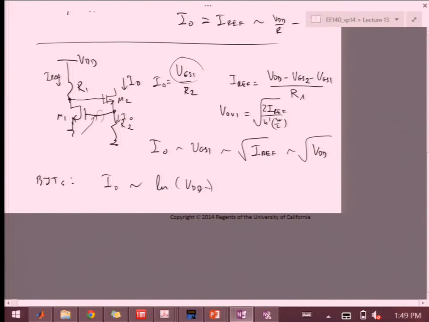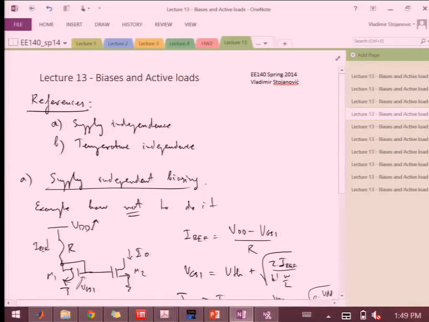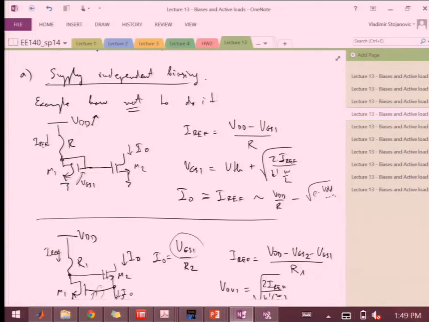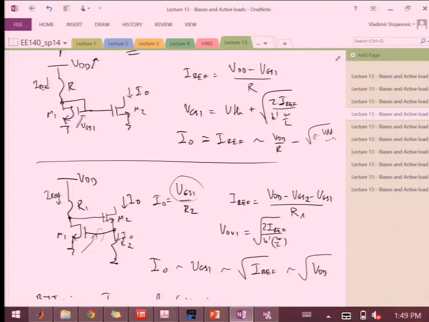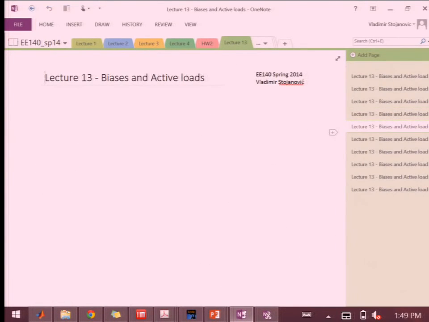There will be something else over here, but that's what you get. So instead of a square root, which comes from the quadratic dependence, here you'll get an inverse exponential, so it should be a log. This is a simple trick you can use to get a little bit more robustness to supply voltage variations.